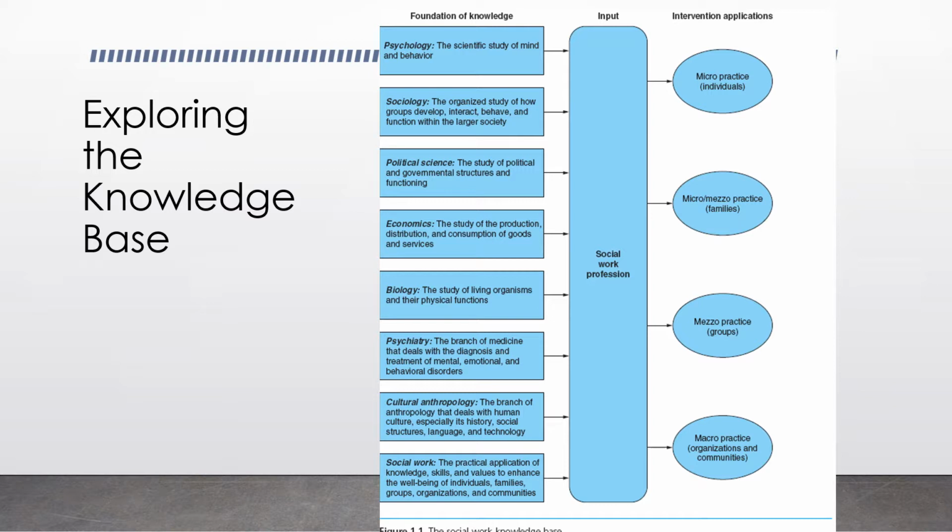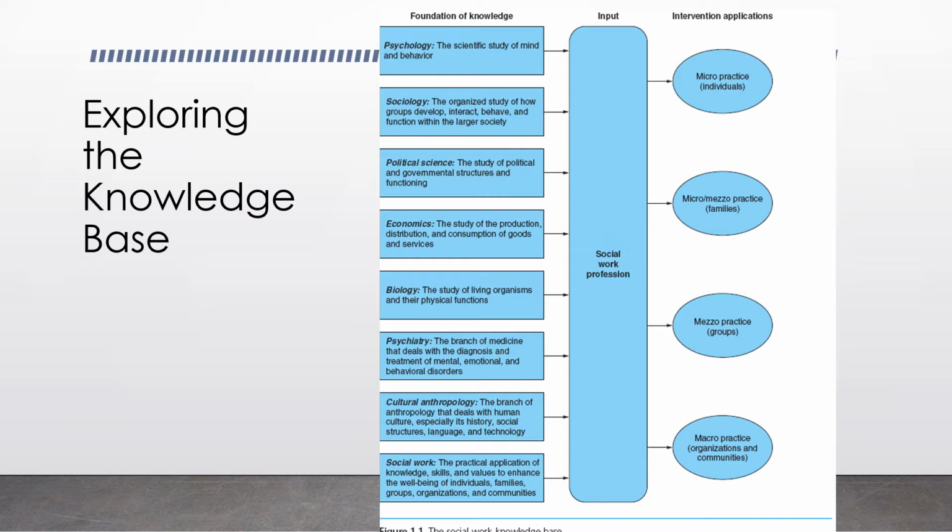So for example, from psychology, the scientific study of the mind and behavior, we draw from a lot of theories in psychology around cognitive behavior and things like that, and those we often use to help in our micro practice with individuals. We might draw from political science and the study of political and governmental structures and functions.